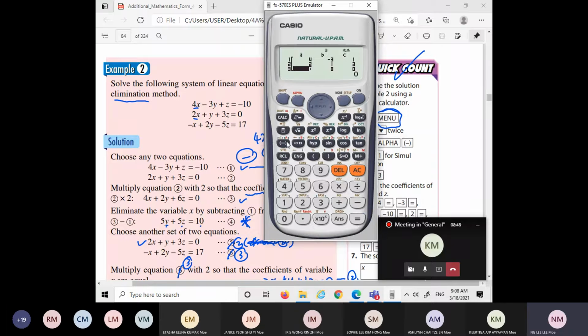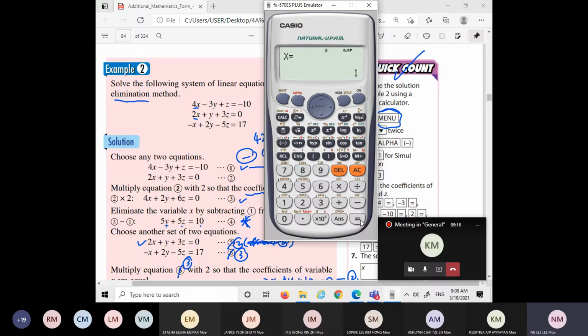A is -1, B is 2, C is -5, then D is 17. Then when you press equal, I think press equal again. They will give you the answer.